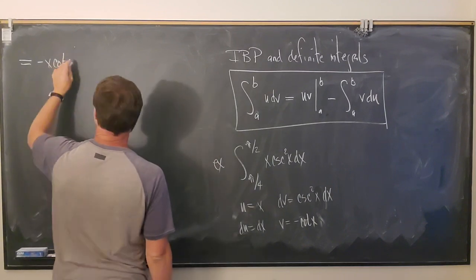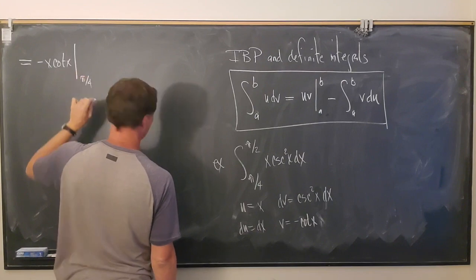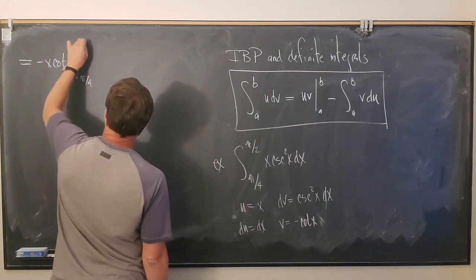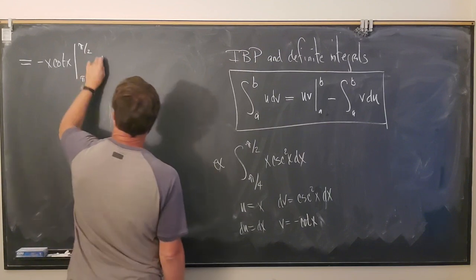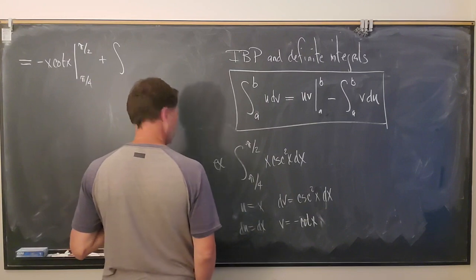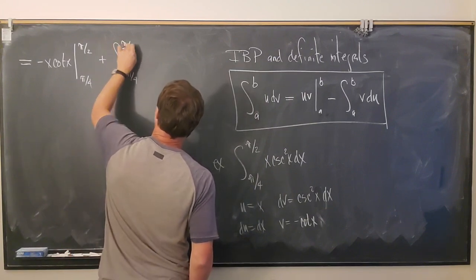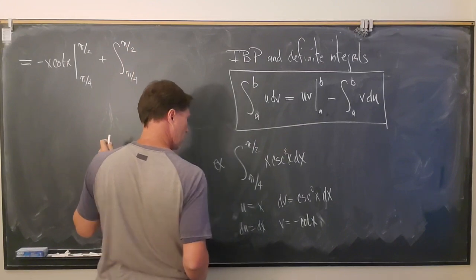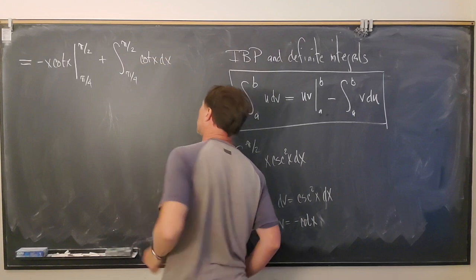And sorry, we have limits here, so this goes from pi over 4 to pi over 2. And so then we'll have plus the integral from pi over 4 to pi over 2 of cotangent of x dx.